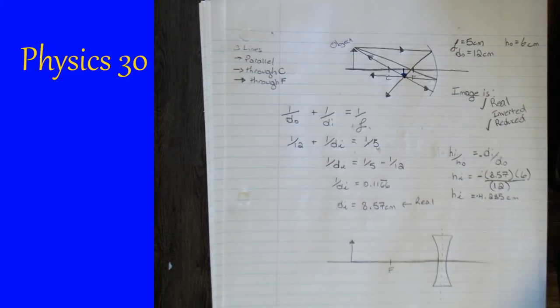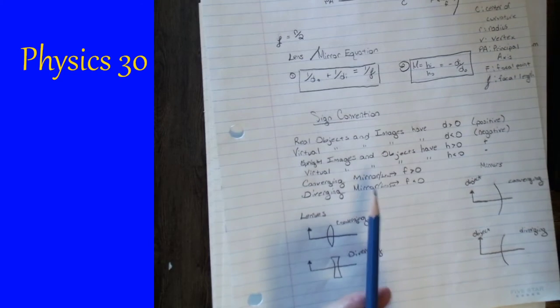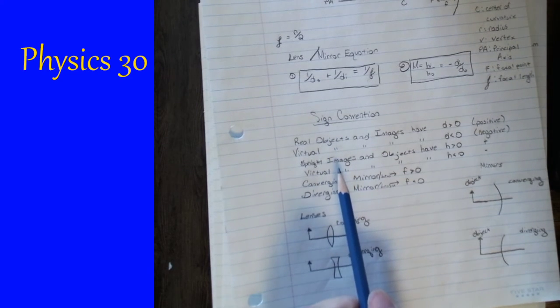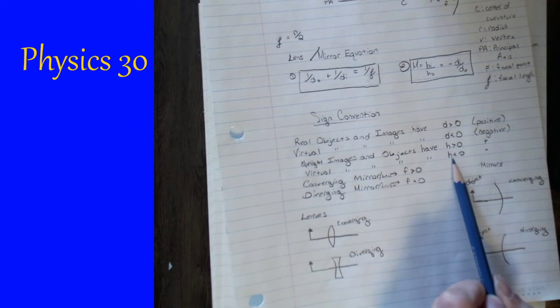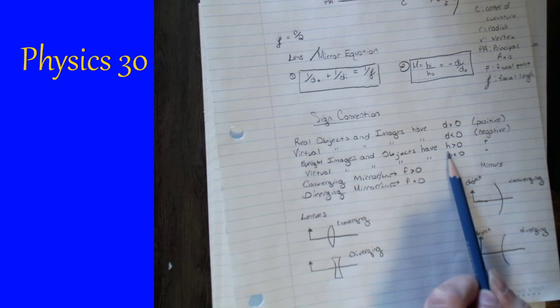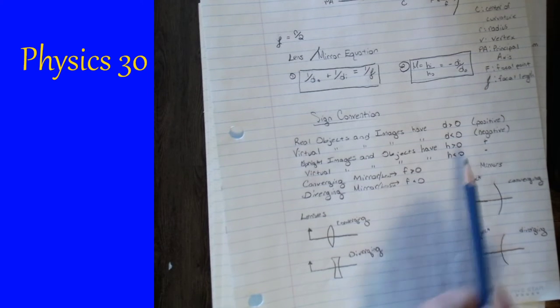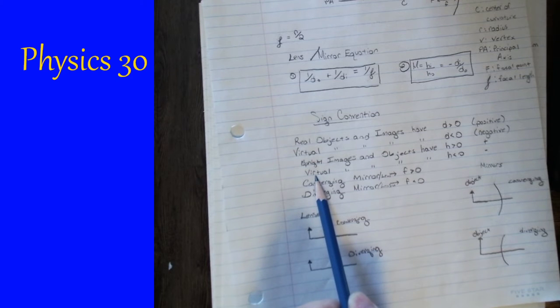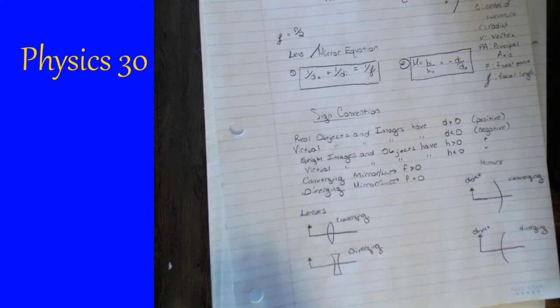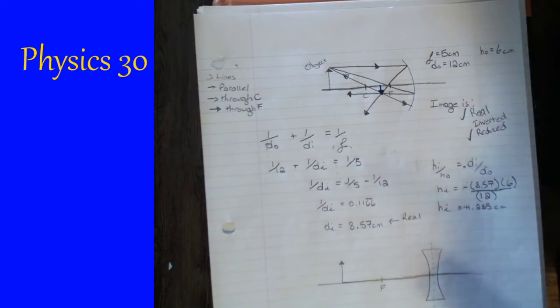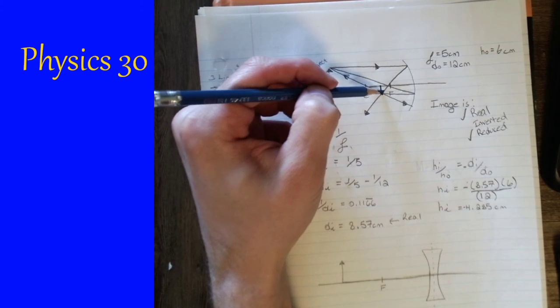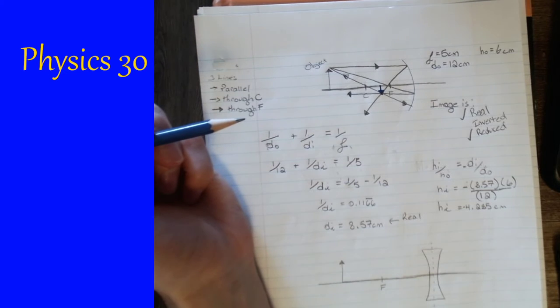Well, if we come back to our sign convention here, the height being less than 0 tells us that it's virtual. And so that will be a virtual image. Sorry.